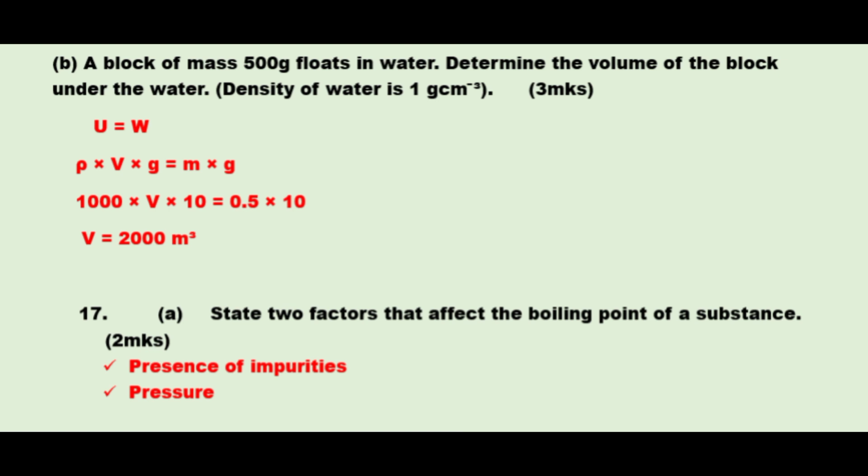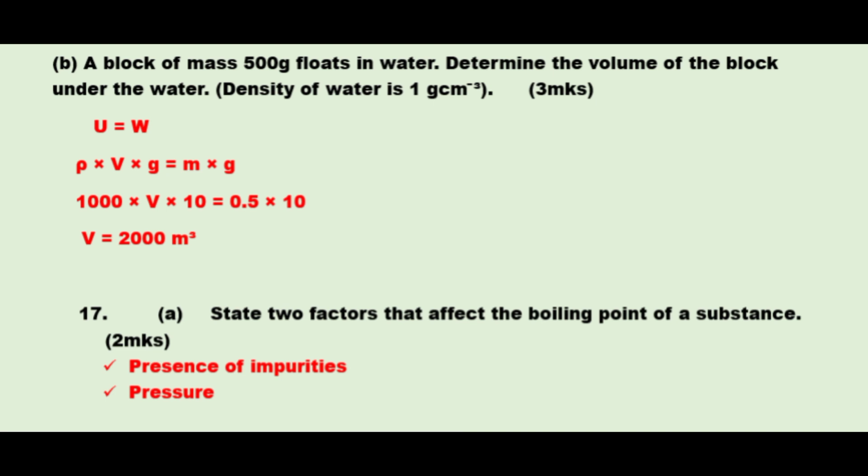Presence of impurities, for example, you add salt and the water boils at a higher temperature. For example, you cover water in a sufuria when it is boiling on the fire. You cover water, and you realize that the boiling point is raised because the steam will accumulate and then pressure will build up.